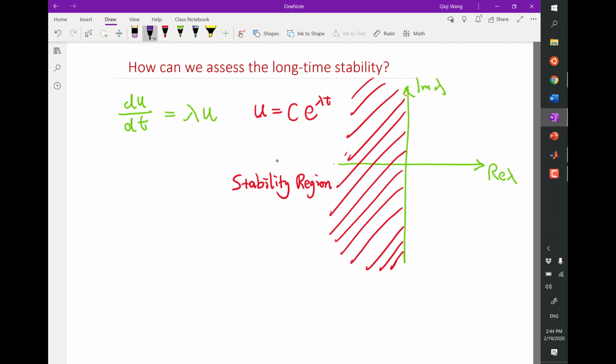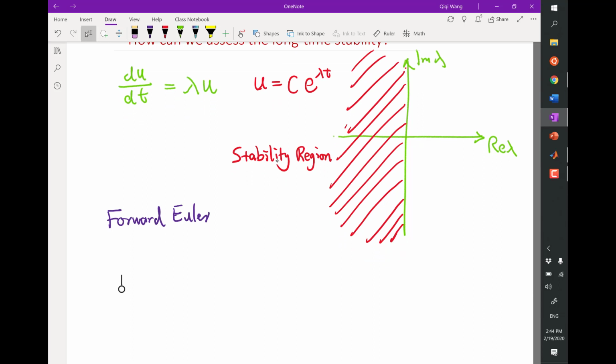So let's take forward Euler as an example. Okay, so forward Euler, we have (u_{k+1} minus u_k) divided by delta t equal to lambda u. That's our forward Euler, right? Instead of solving the differential equation, we are solving this equation.